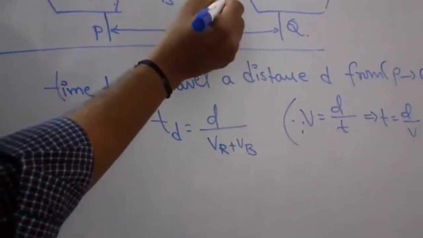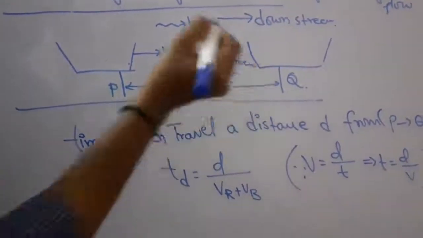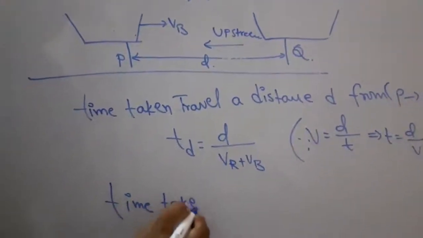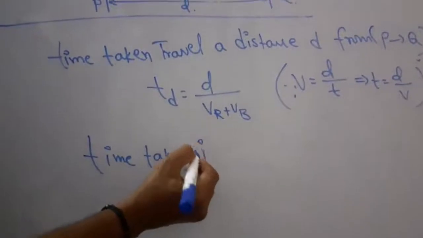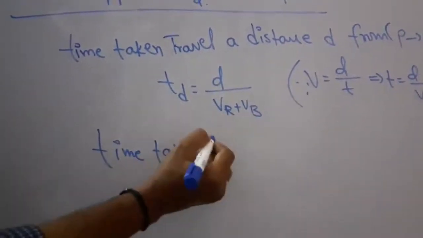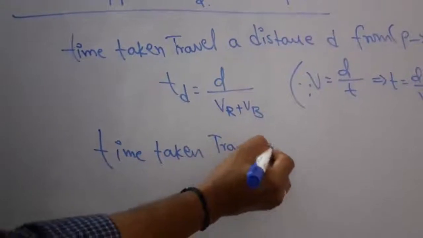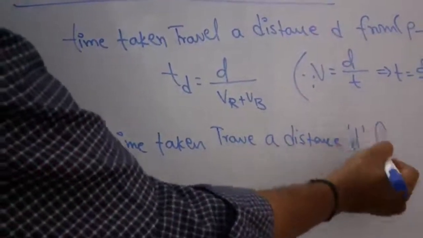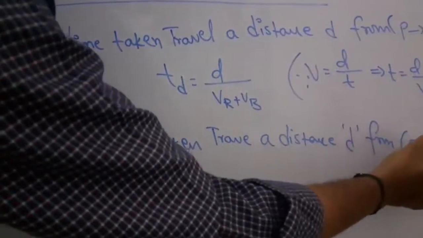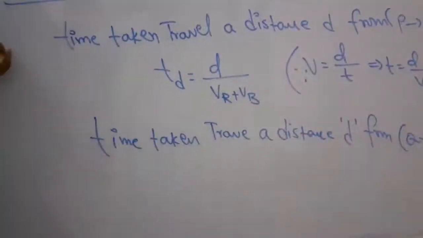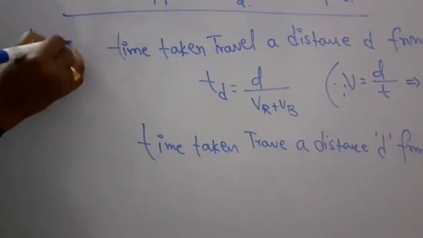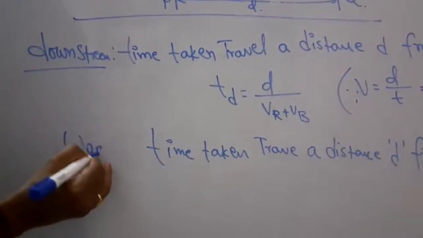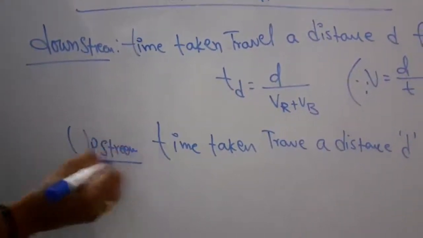So the time taken upstream is to travel a distance D from Q to P. This is downstream, and this is upstream.